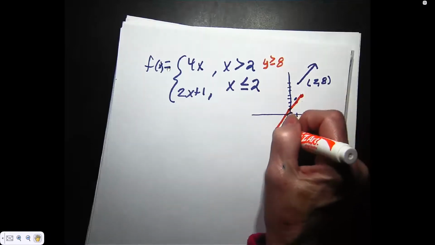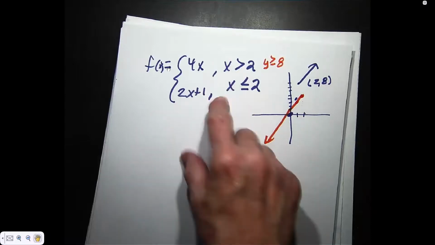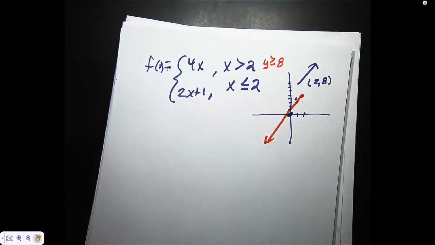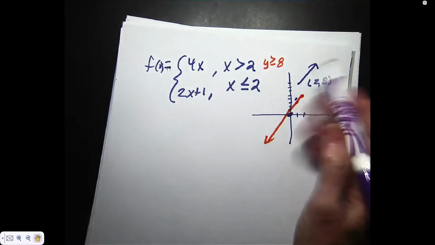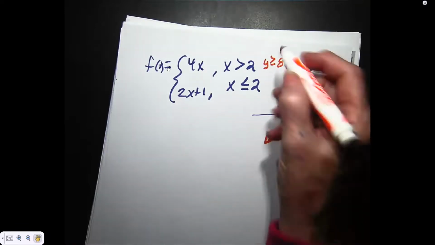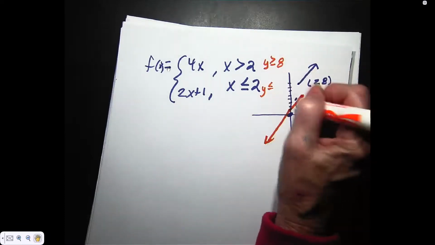So this time I have a graph that looks like this. And that would be a function, so we can do that. So now I've got to do 2 parts of this one. So this one has a range of y is less than or equal to 5.